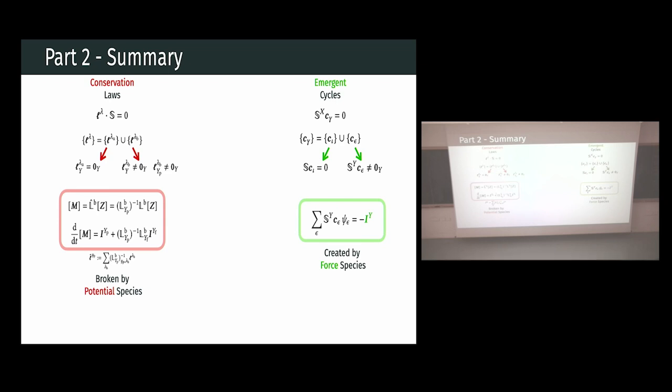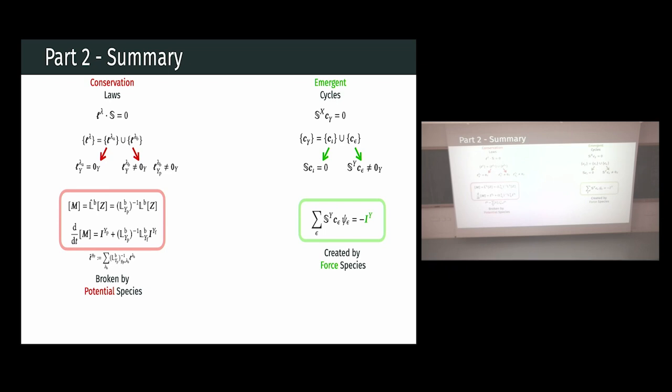So we have an expression for the concentration of these fragments, which can be written in this formal way. And when we take the balance equation, we have that each moiety is exchanged with just one potential chemostat and a bunch of force chemostats. So potential chemostats and force chemostats exchange the same moiety, the same fragment.